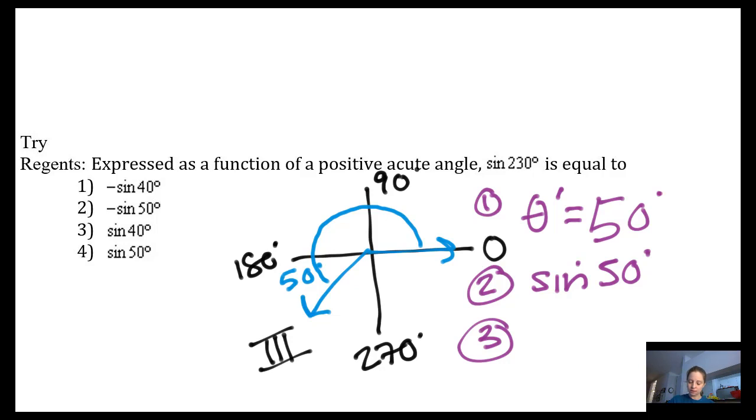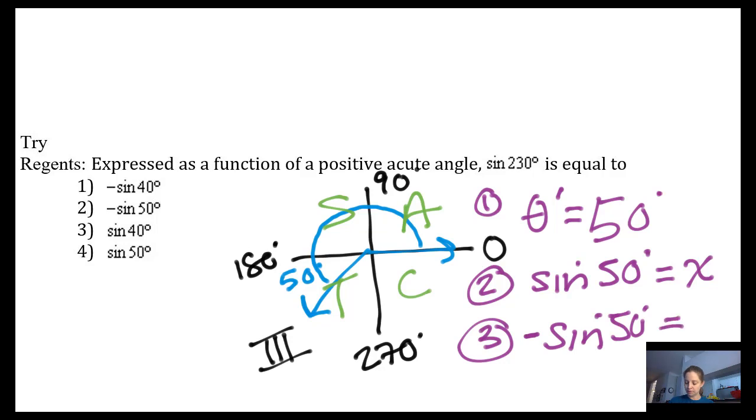So if I have All Students Take Calculus, only tangent is positive in quadrant 3. Therefore, whatever this is equal to, I'll want negative sine of 50 degrees. The sine of that is going to be a negative sine of 50 degrees. And that is why the answer is 2.